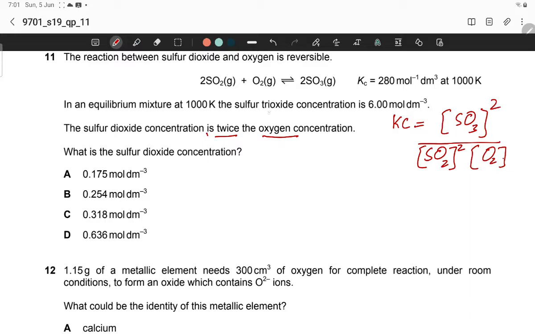So let's assume that the concentration of oxygen is x and the concentration of sulfur dioxide is 2x.